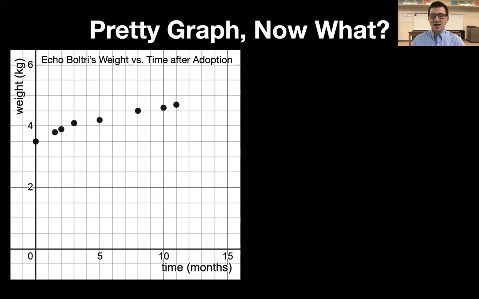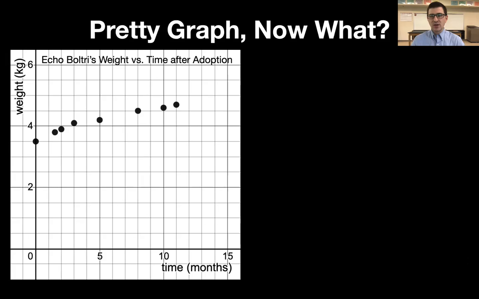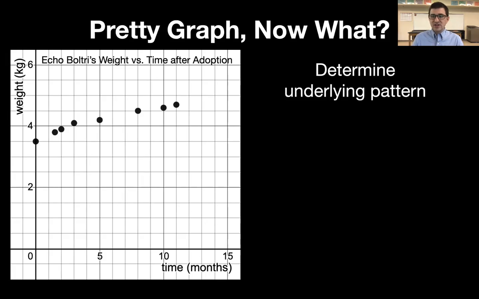So we have this graph. What can we do with it now? Well, the point of doing a graph is to be able to analyze the data. And there's 4 big things that you can do in terms of analyzing data. The first and maybe most important is to determine the underlying pattern, to figure out what's going on with the data.